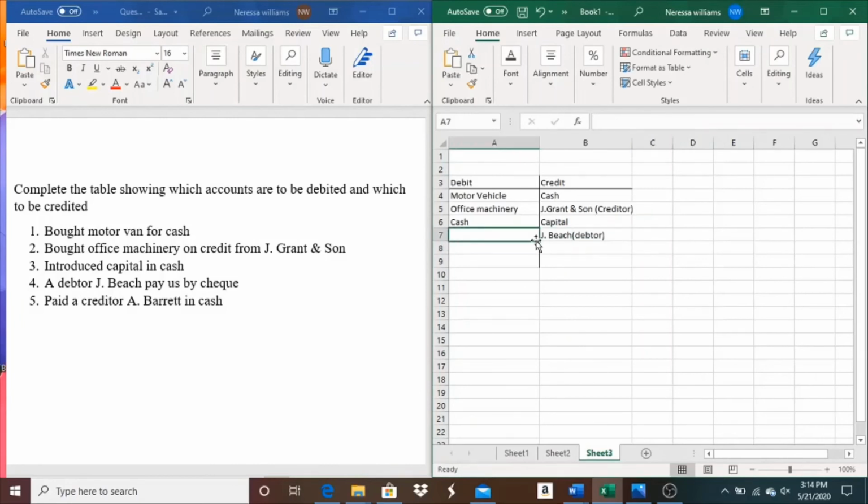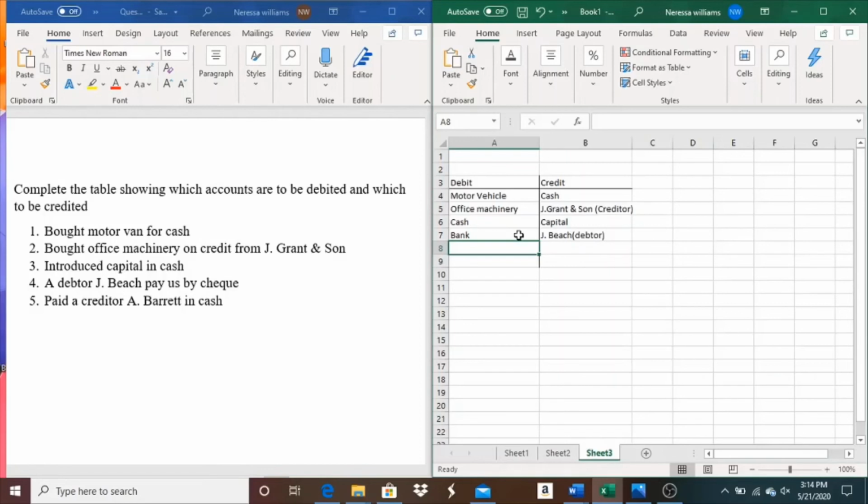Alright. Let's see cash at bank. Our bank. Alright, same thing, cash at bank. We paid a creditor, A. Barrett, in cash. If we are paying a creditor, that is a person who we owe. We are paying them, we are reducing our debt.